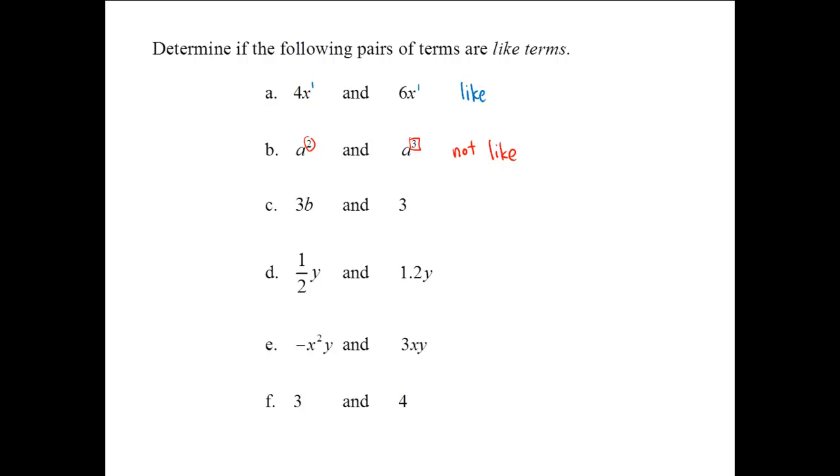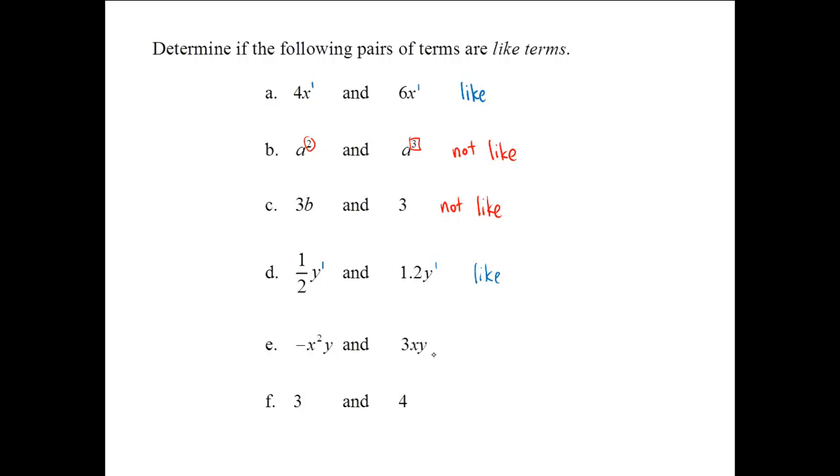Part C. 3b and 3. These terms are not like terms. One of them has a variable b, the other does not. 1/2 y and 1.2 y. Both of these terms have the same variable, y, each raised to the same power, the implied power of 1. So these terms are like terms. Negative x squared y and 3xy.